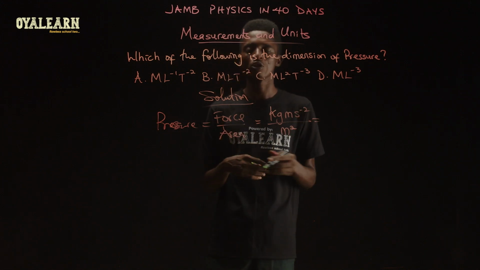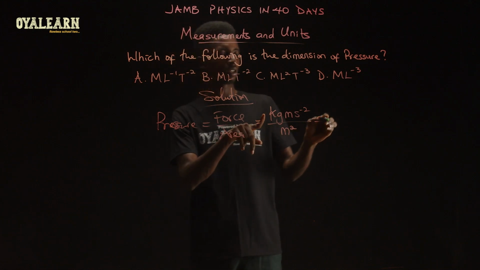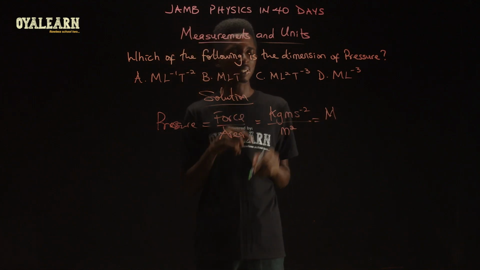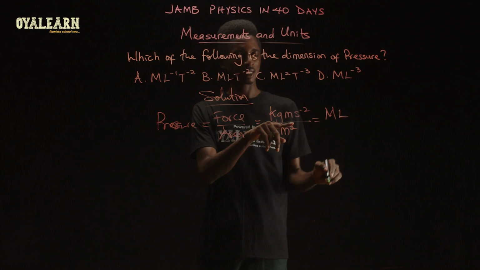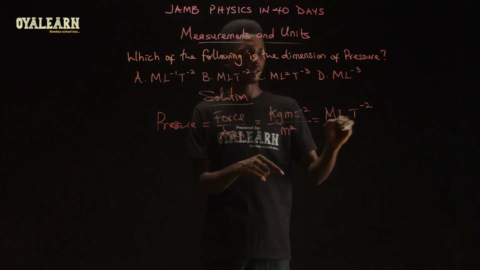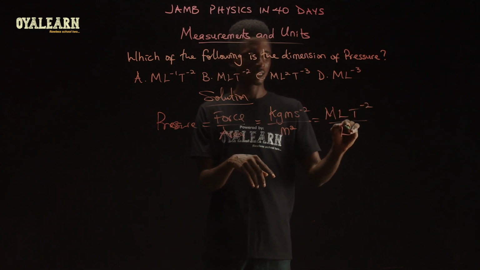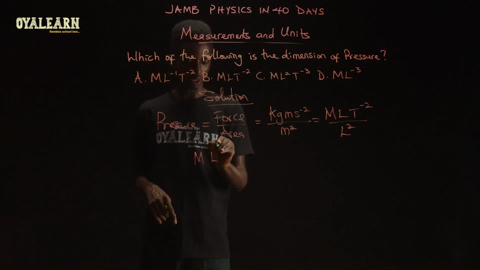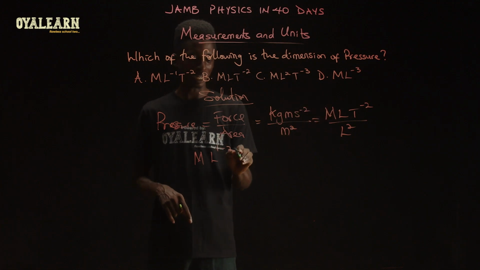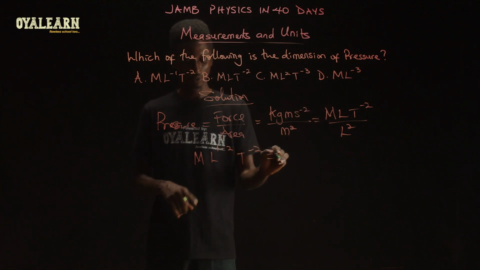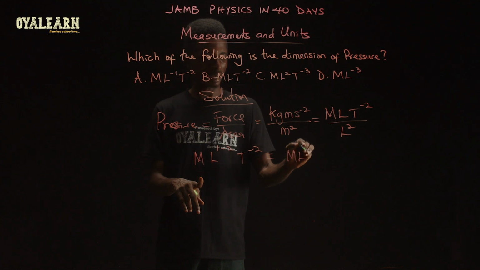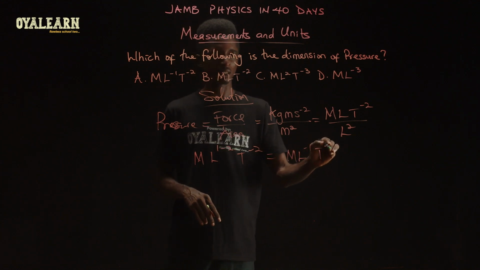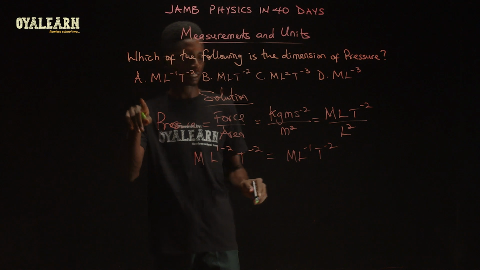Now, what are the dimensions of this? So what we have here is kilogram, which is a dimension of mass. This is dimension of length. This is dimension of time, all divided by dimension of length squared. So if we solve this, what we'll be having is M, then L. Now what we have here will be 1 minus 2, since we are dividing that, then T raised to power minus 2. And this will give us M L^-1 T^-2. So the correct option is option A.